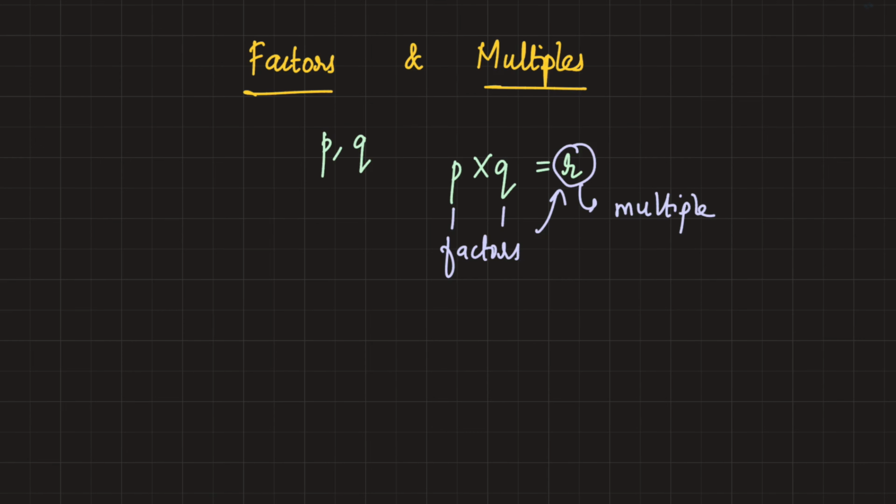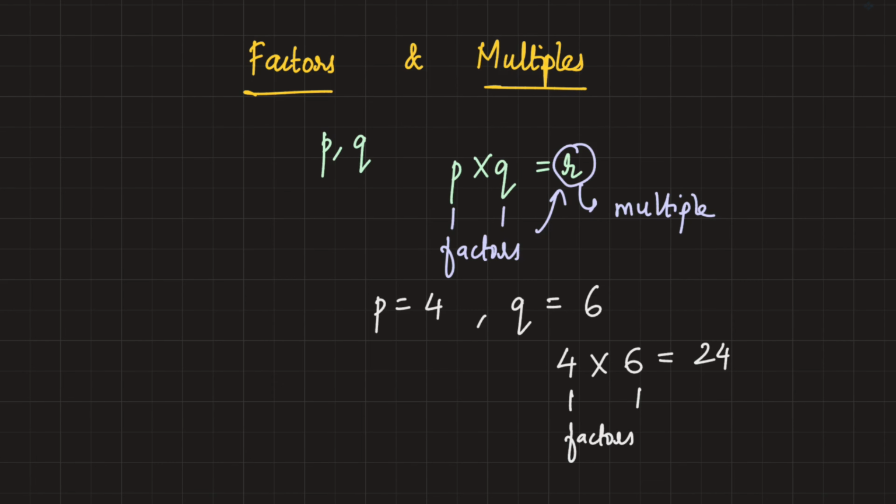Let us understand with an example. Say p equals 4 and q equals 6. Now 4 multiplied by 6 would be 24. So in this case, 4 and 6 are called the factors of 24, and 24 would be the multiple.